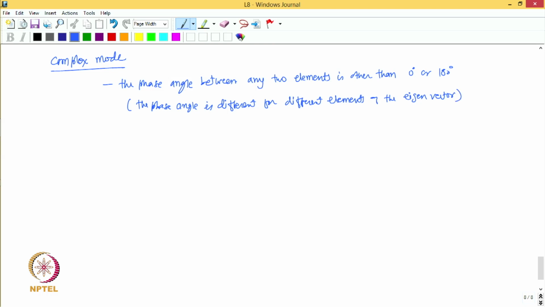And what is the physical meaning of this mathematical structure?